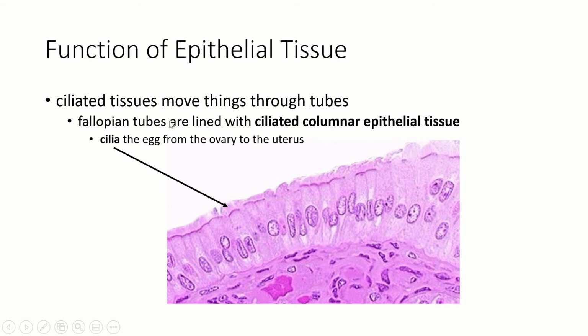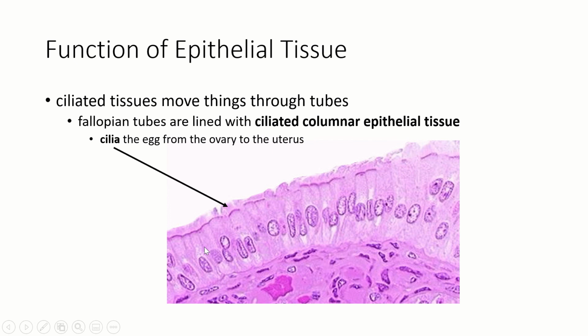So, for example, the fallopian tubes have cilia along the simple columnar epithelial tissue to create a current that catches the egg and moves it along the fallopian tube. Your trachea is also lined with ciliated epithelial tissue, but it's a little bit different. Okay?